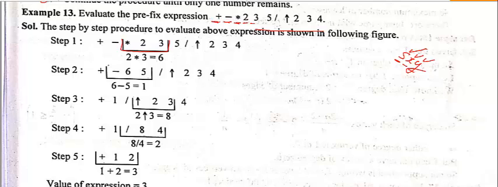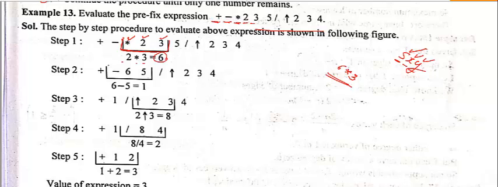Now you will process. You know that in the prefix, first you have an operator, then left, then right. Correct? Means first you will visit the operator, then left, then right. So the meaning of that is 2 multiply 3. So you will solve it.